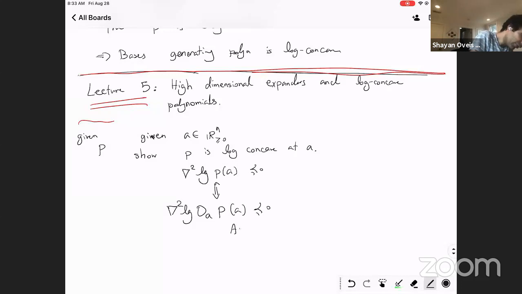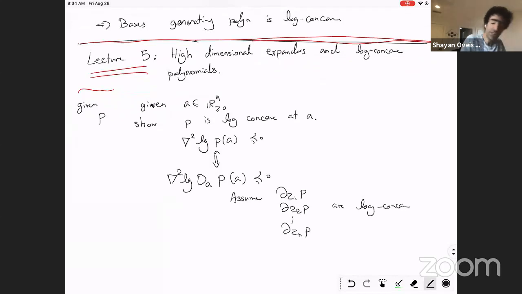So first I assume that partial Z1 of P, partial Z2 of P, all the way to partial Zn of P are log concave, meaning that the partial derivatives of P are log concave, and these together with indecomposability imply what we want.